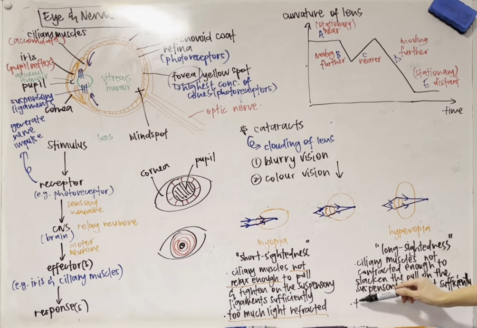So not contracted enough this time, okay? Too little light is being refracted here. Just now I drew this to compare, because I'm trying to show what happens when you see a distant object and what happens when you see a near object, okay?